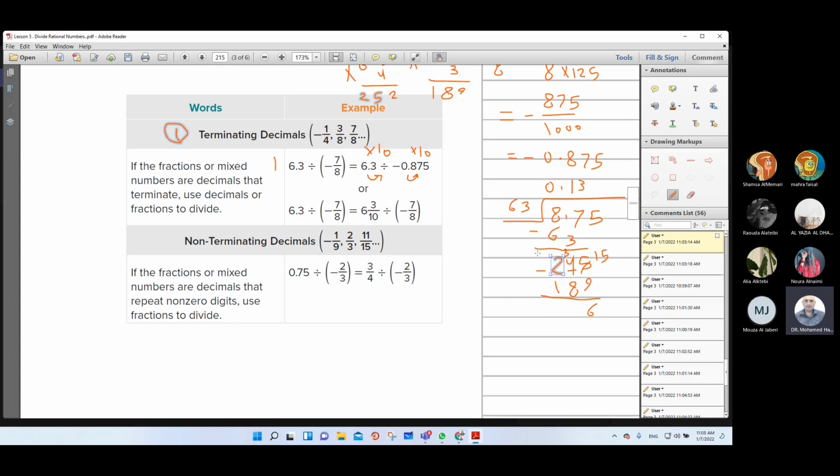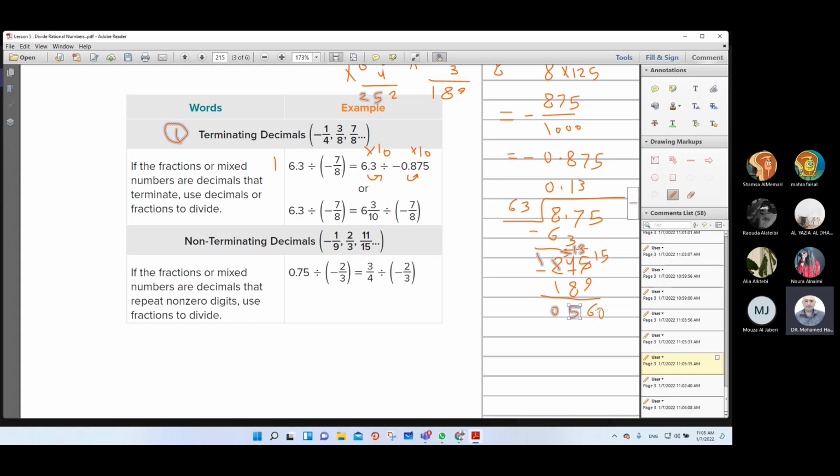So 2 will be 1. And 3 will be 13. So 13 minus 8 will be 5. And 1 minus 1, 0. 56.